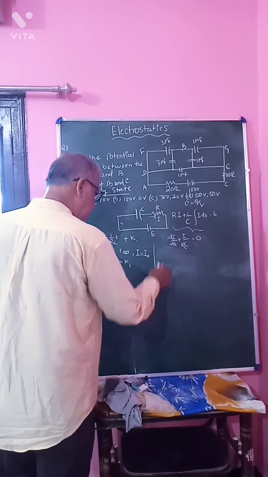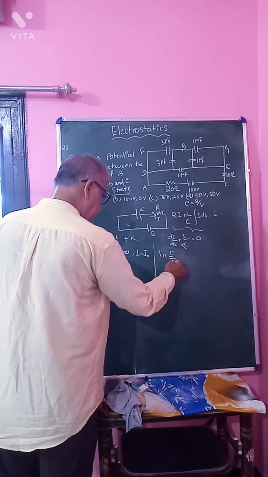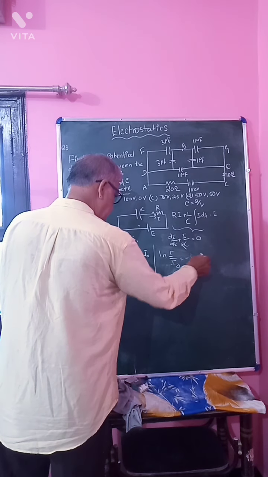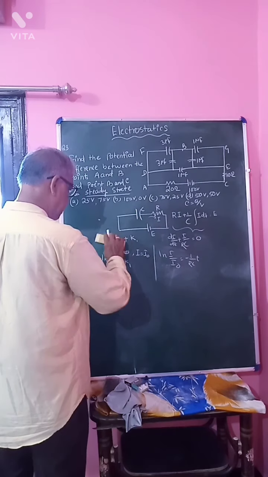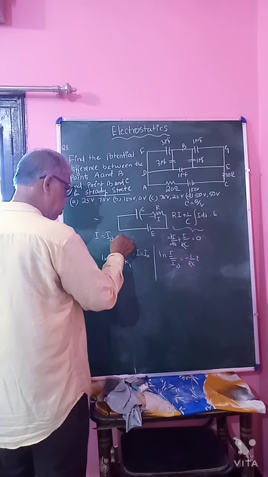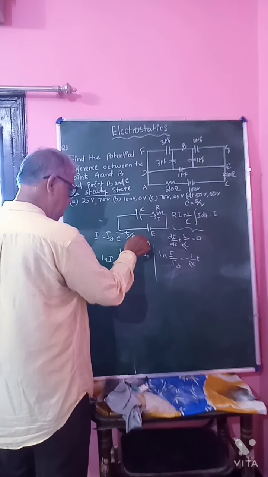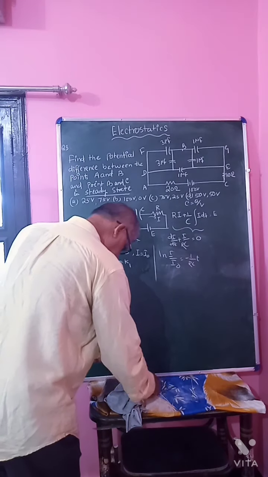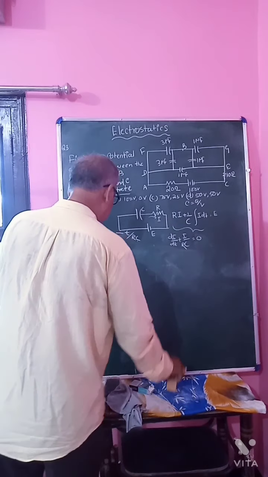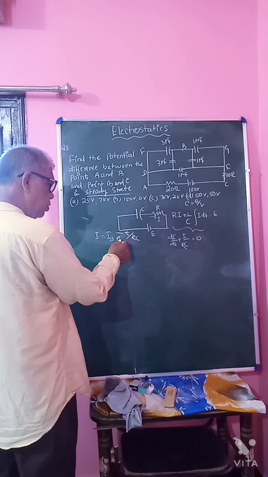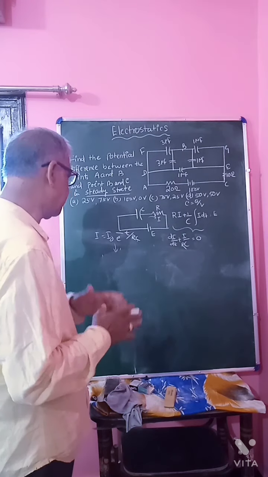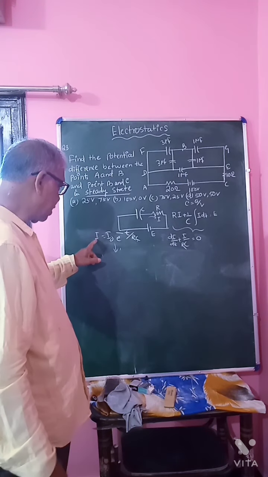So, putting the value, we have ln of I by I0 equals minus 1 upon RC into t, or simply I equals I0 e to the power minus t by RC. That is, the current at any instant in the circuit is I equals I0 e to the power minus t by RC. I0 is the initial current, the charging current. This I is the charging current at any instant.